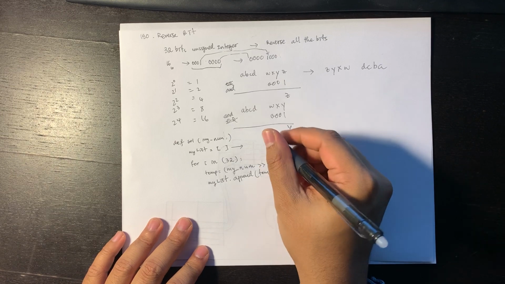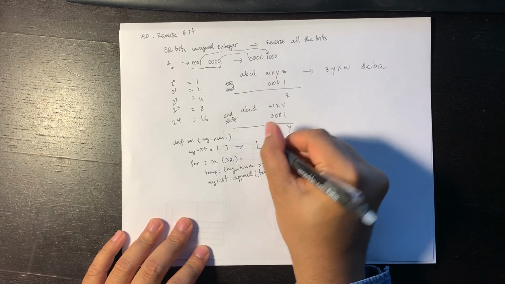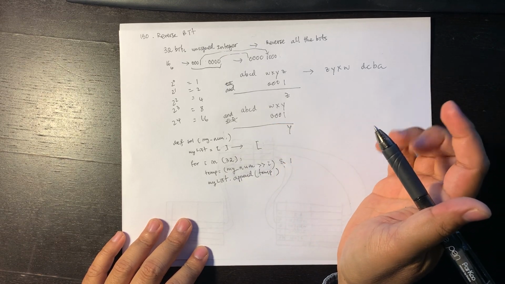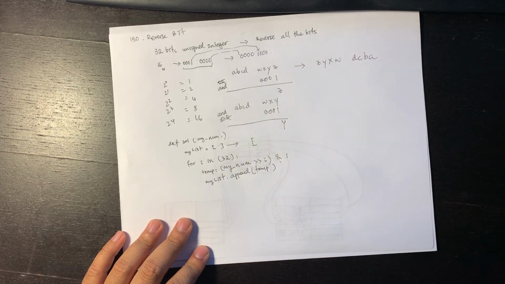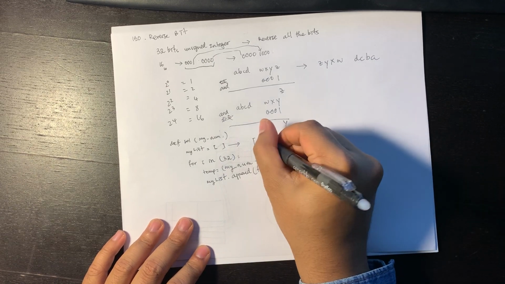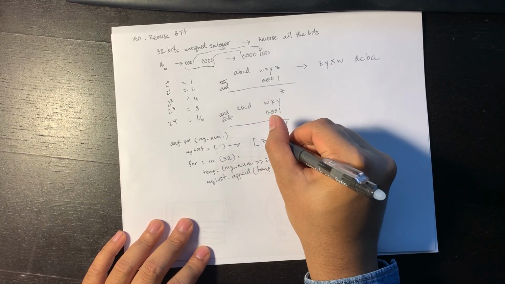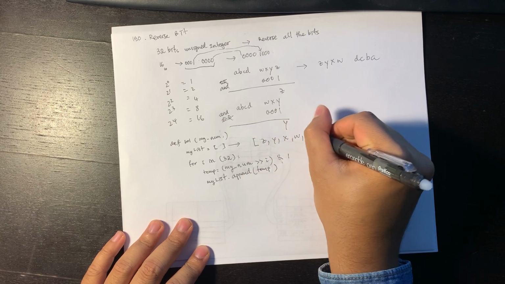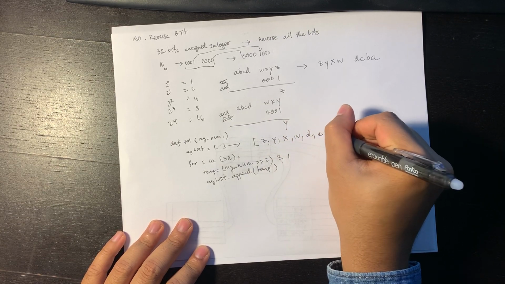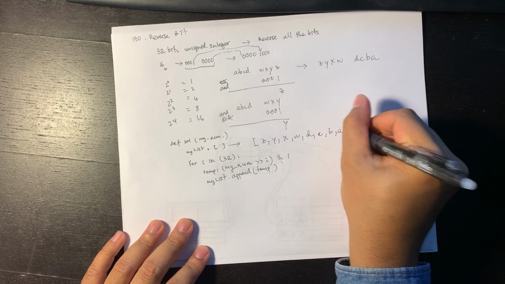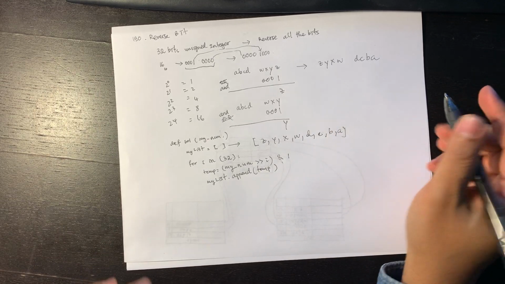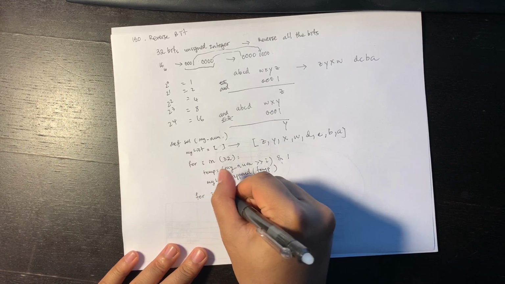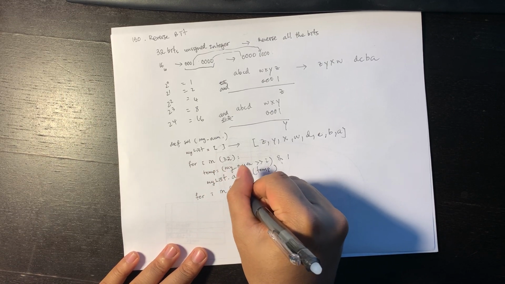So we got something like this. Since we go from right to left, we should get something like Z, Y, X, W, D, C, B, and A. So the next step is we do another for loop for i in 32.